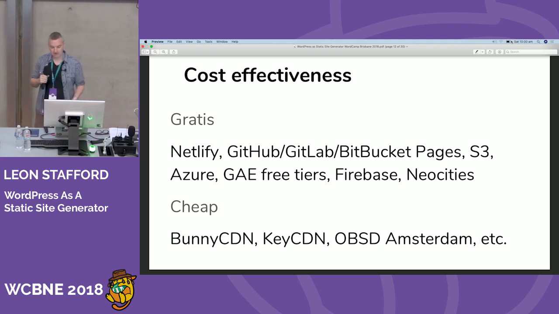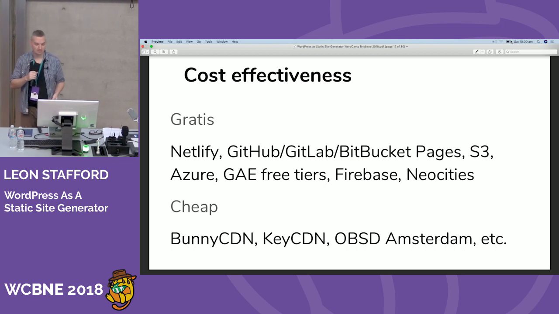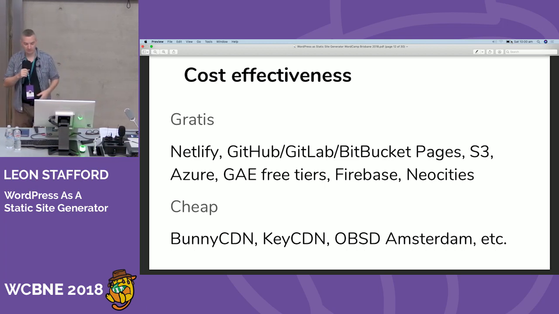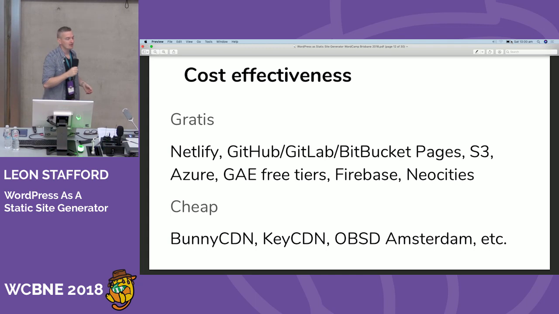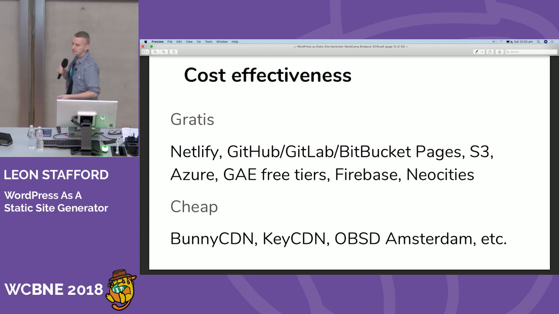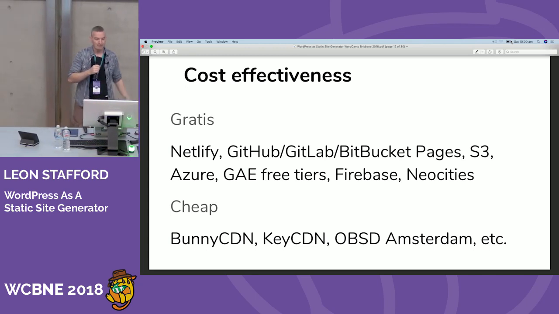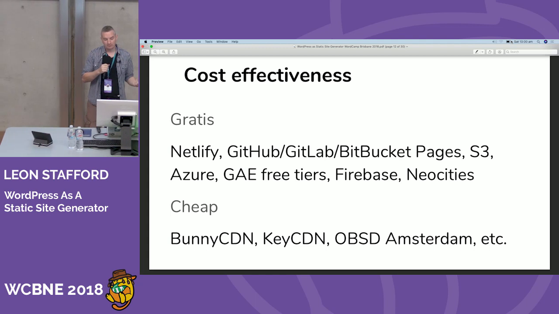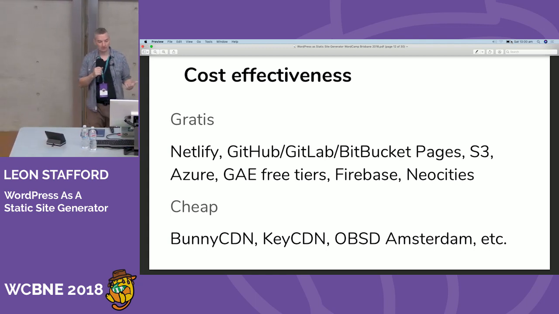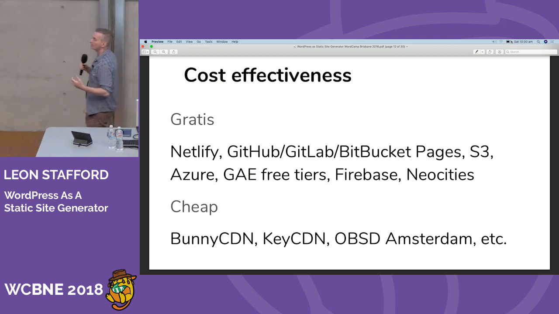One more I'll throw in there, which is if you're wanting to be a bit geekier and support a cool organization, is OpenBSD Amsterdam. They'll give you a server for $60 a year, $10 of which they donate to open source, and super secure, super minimal out of the box. Kind of a nice way to host your static site. And again, if you want to be in control, all these other options, the free options at the top, they're hosted platforms.